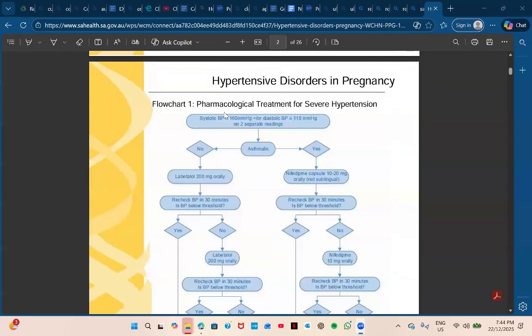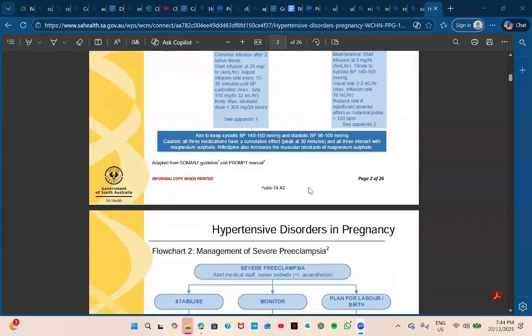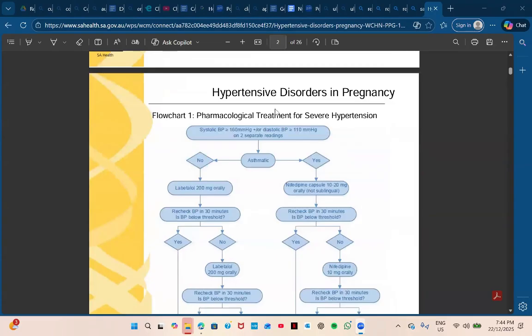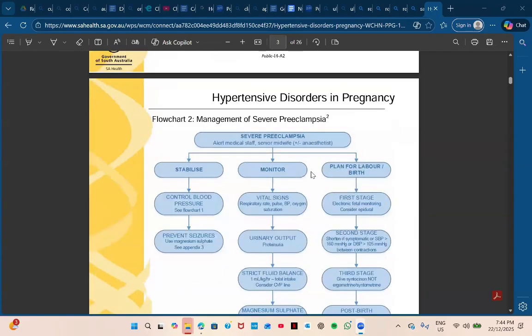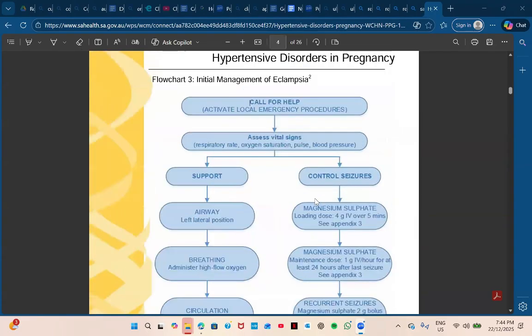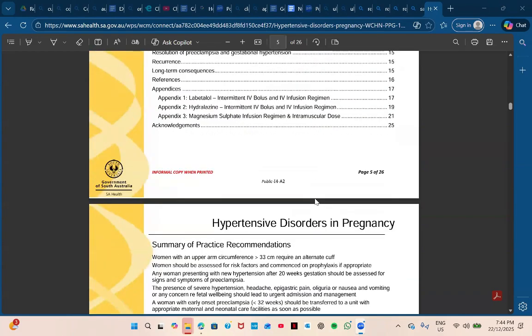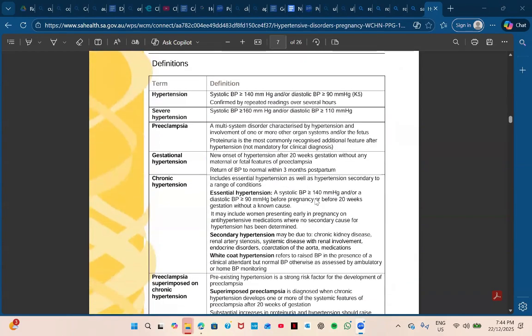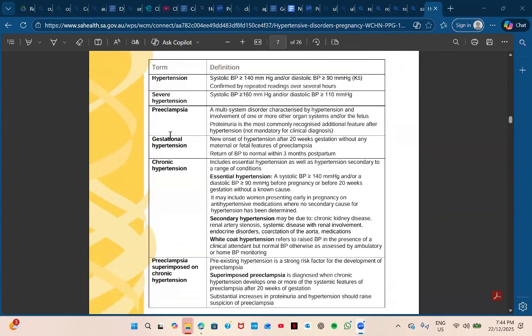So here you can read about preeclampsia and all other hypertensive diseases. Here they have good criteria. This is the definition: preeclampsia is a multiple system disorder characterized by hypertension and involvement of one or more other organ systems and/or the fetus.